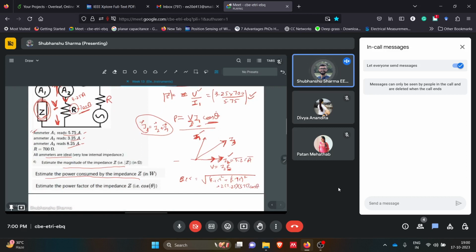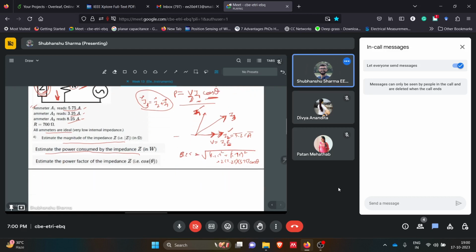This is a simple vector solution. If you have seen the live session, I have used this formula many times. To calculate this cos theta, you can solve this, and from this you can get this theta.